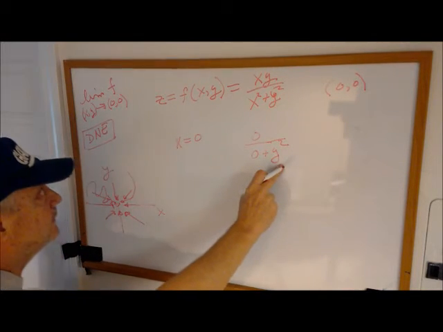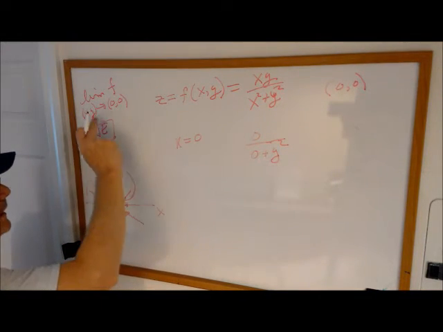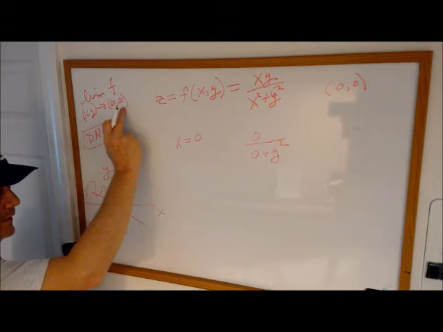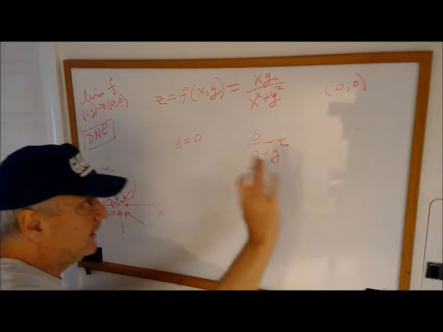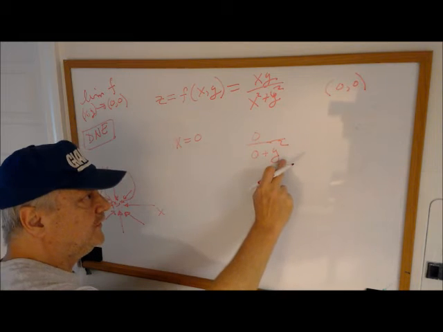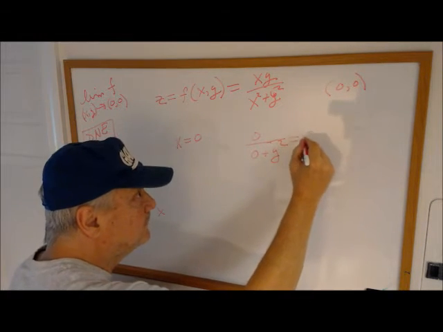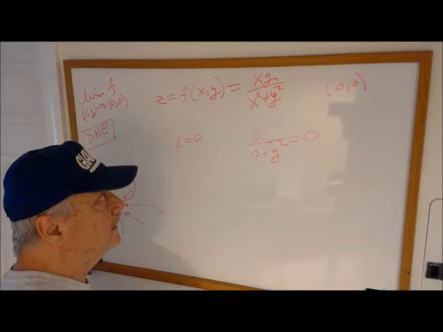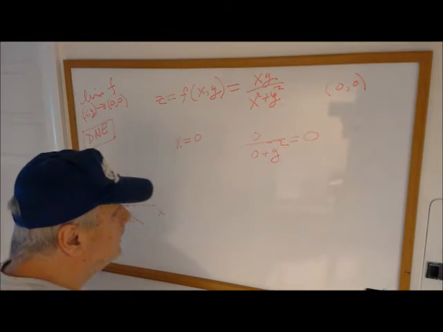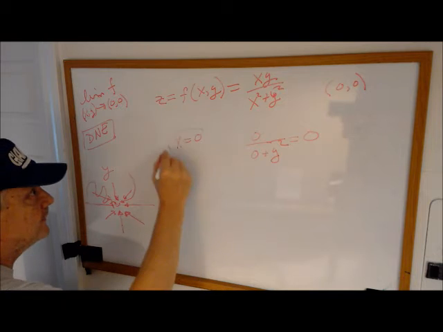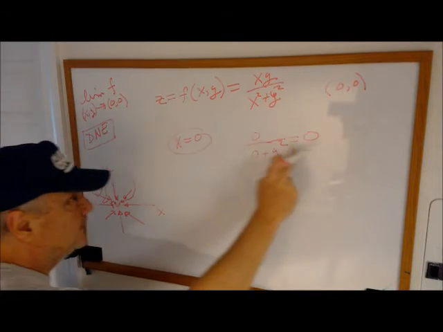Now, y is not equal to 0. Y approaches 0, it's not equal to 0. So this is just a number, and this is 0 divided by a number. That's 0. So the limit taking the path associated with x equals 0 is 0.